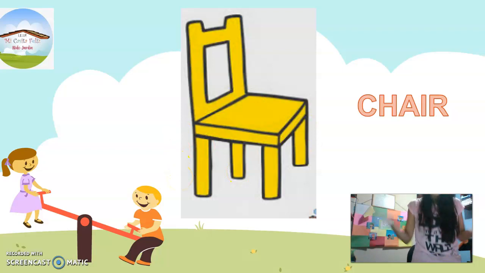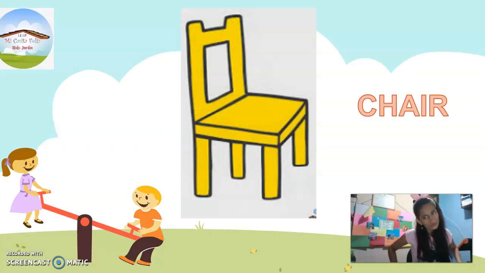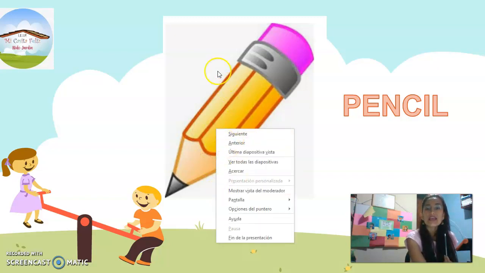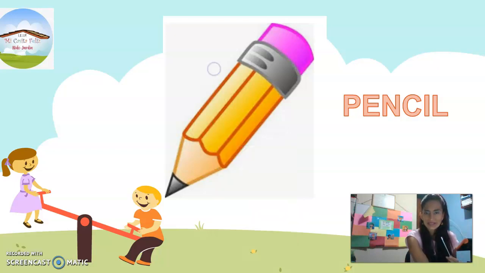I stand up and I sit down on my chair. So what is that? That is a pencil. What is this? This is my pencil.